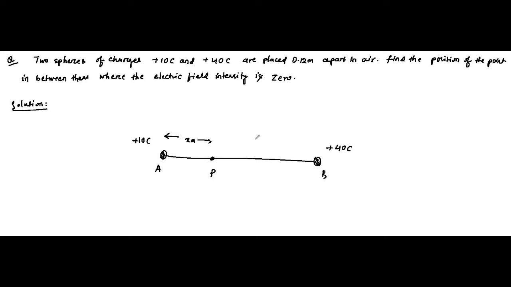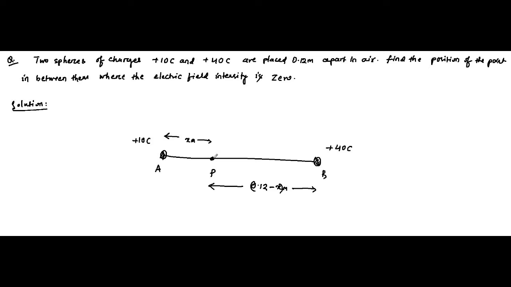So the remaining distance is 0.12 minus x meters in between P and B. Total is 0.12 meter, which is given.